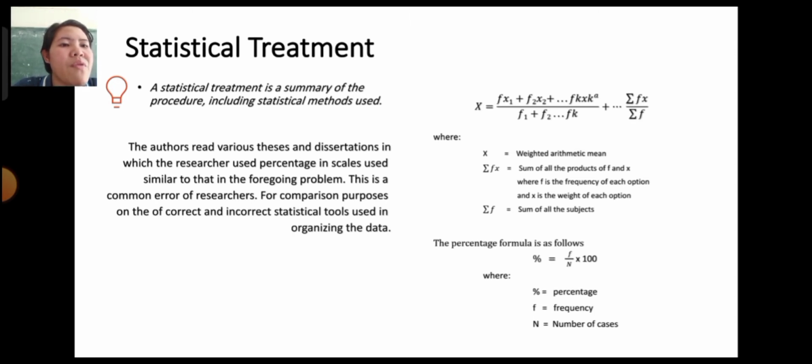Okay, the percentage formula is as follows. Percentage symbol is equal to f over n times 100, where percent symbol means percentage, f is frequency, and n is the number of cases.